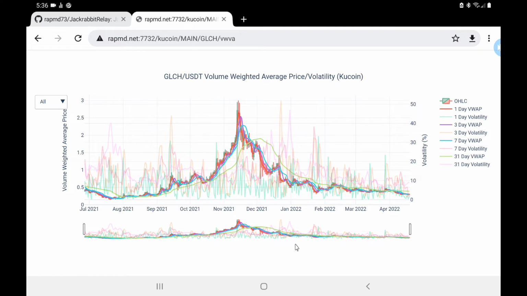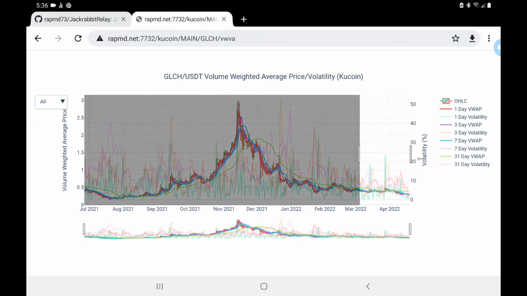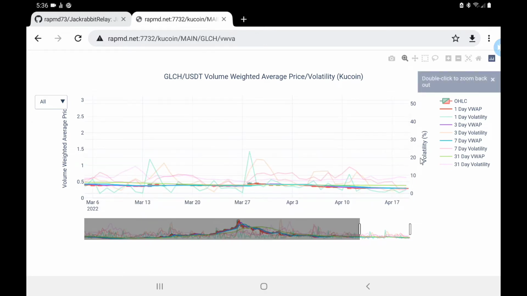And here we have the volume weighted volatility analysis chart. There is a lot here, and just about everything on this chart is clickable. Let's zoom in. And let's simplify the chart a little bit.